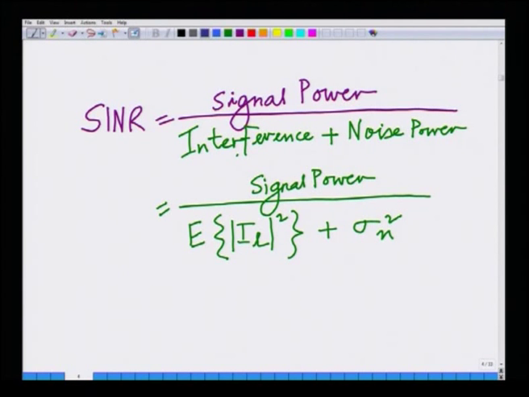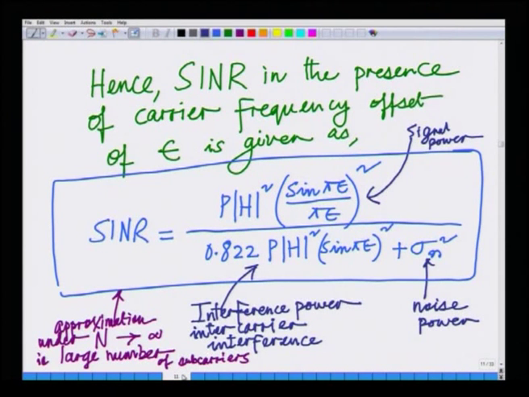And in the last lecture, we had actually developed a model to characterize this signal to interference plus noise ratio at the receiver. We had seen that the SINR at the receiver can be characterized as follows, that is signal power, which is P magnitude h square, that is average channel gain, into (sin pi epsilon by pi epsilon) whole square, where epsilon we said is the normalized carrier frequency offset, divided by 0.822 P magnitude h square sin pi epsilon square plus sigma n square.